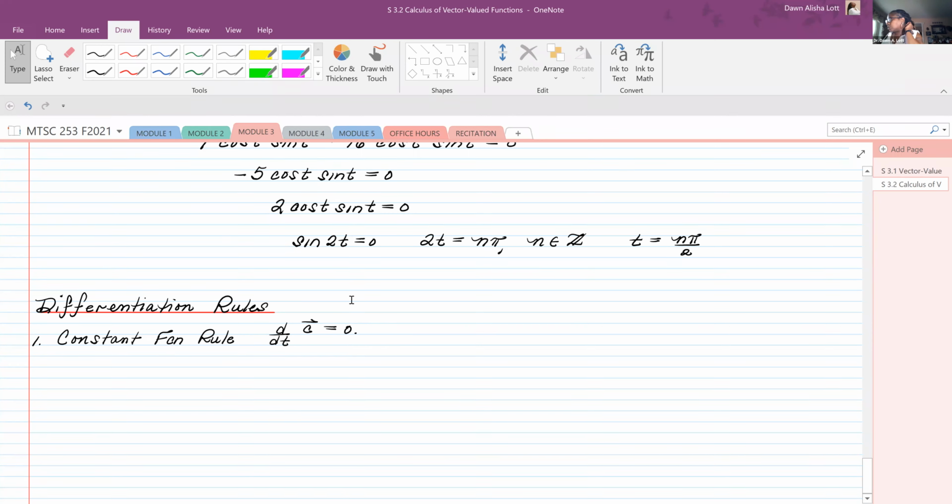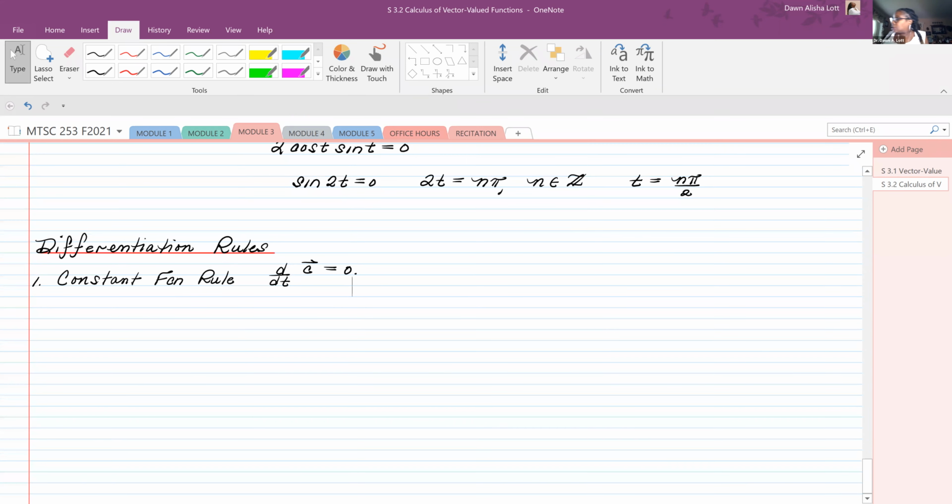So if C looks like C1 i plus C2 j plus C3 k, and I take the derivative, all of those derivatives of constants are 0. So I will just get 0, and that is actually the 0 vector.